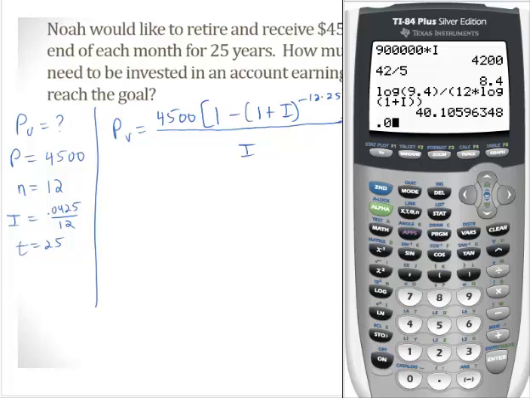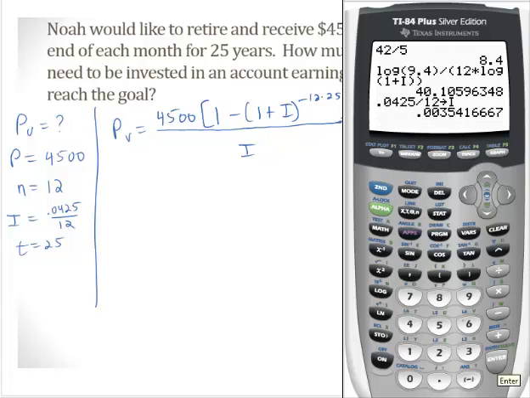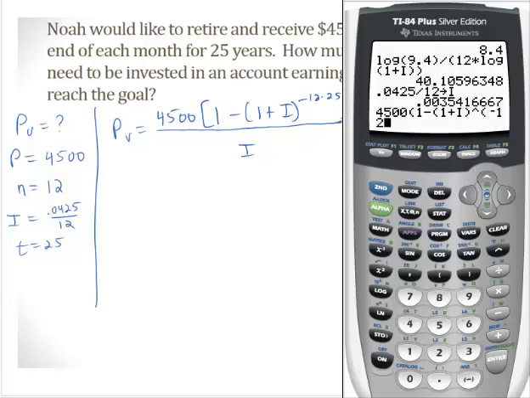So that's 0.0425, divide that by 12, and I'll store that as alpha I. There's my new alpha I. Now let's calculate this. I have 4,500 per month, open quantity, 1 minus open quantity, 1 plus alpha I, close the quantity, raise to the open quantity, negative 12 times 25, close the exponent, close the numerator, and divide by alpha I.